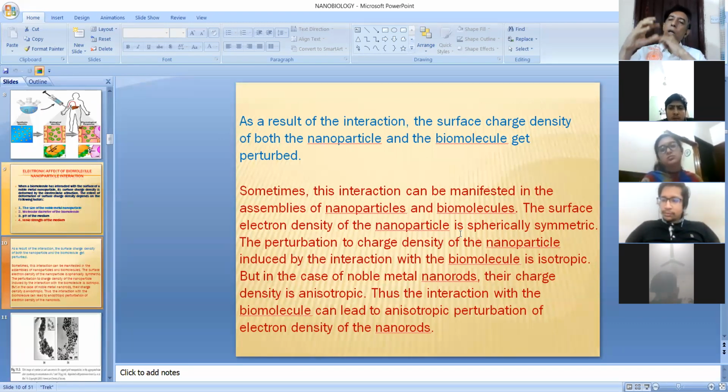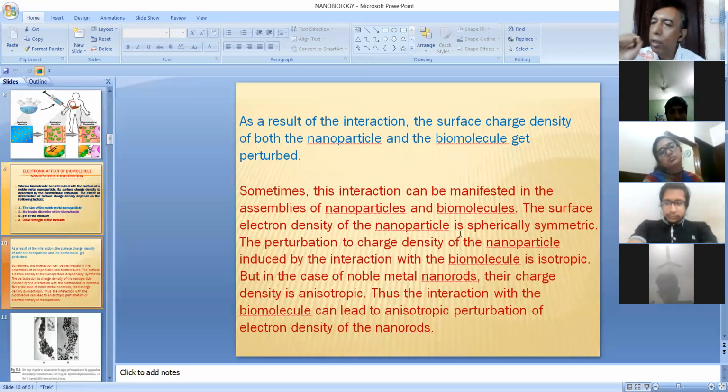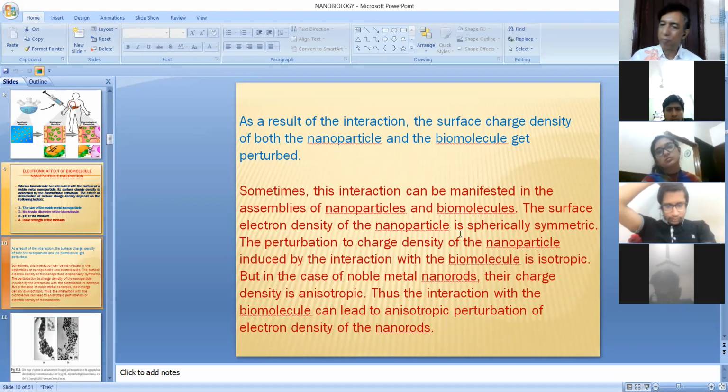If the gold nanoparticle or any nanoparticle is spherically shaped, then the deformation is regular, or equal in all the sites. But if it is like a nanorod, then the deformation is anisotropic. You know what is anisotropic? It is direction dependent. So, in case of noble metal nanorods, their charge density is anisotropic.